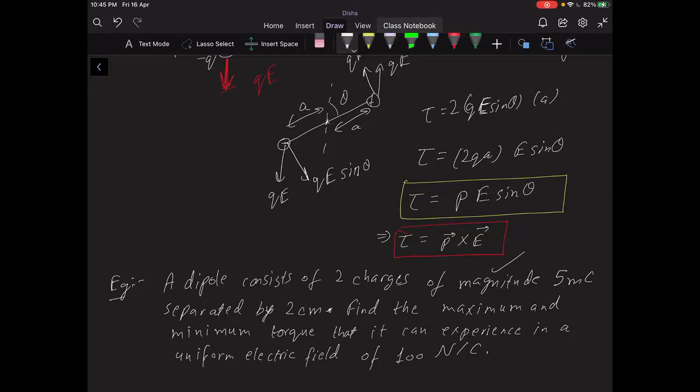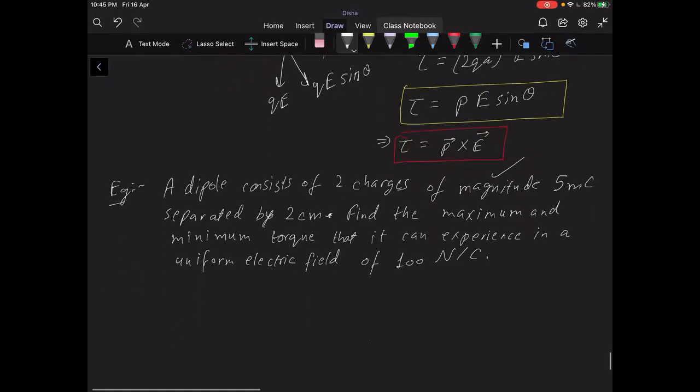So we got maximum torque as 10 power minus 3 Newton. Let's check that out. So if I calculate the P, what's the max and the min?